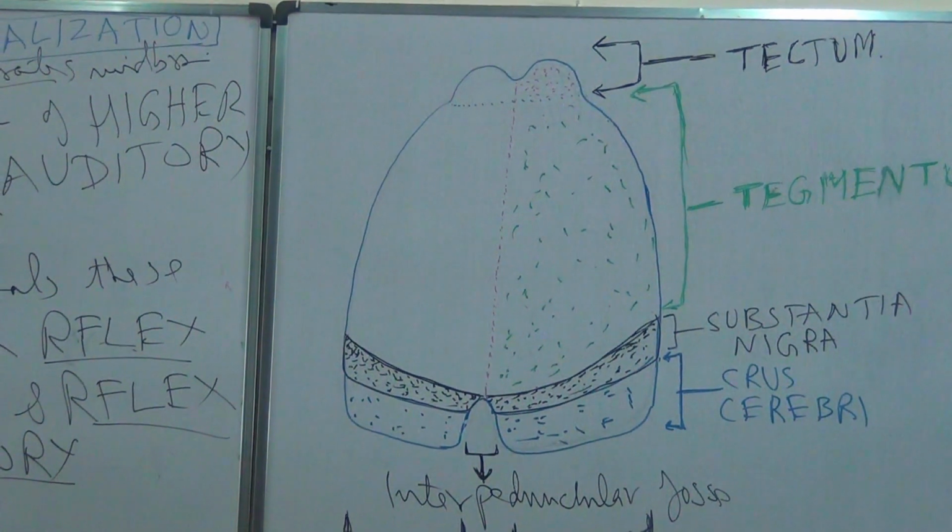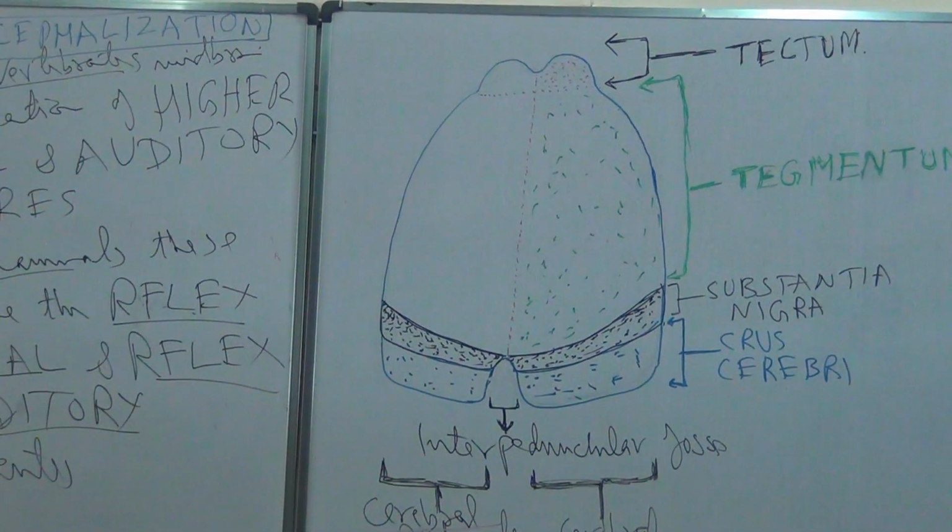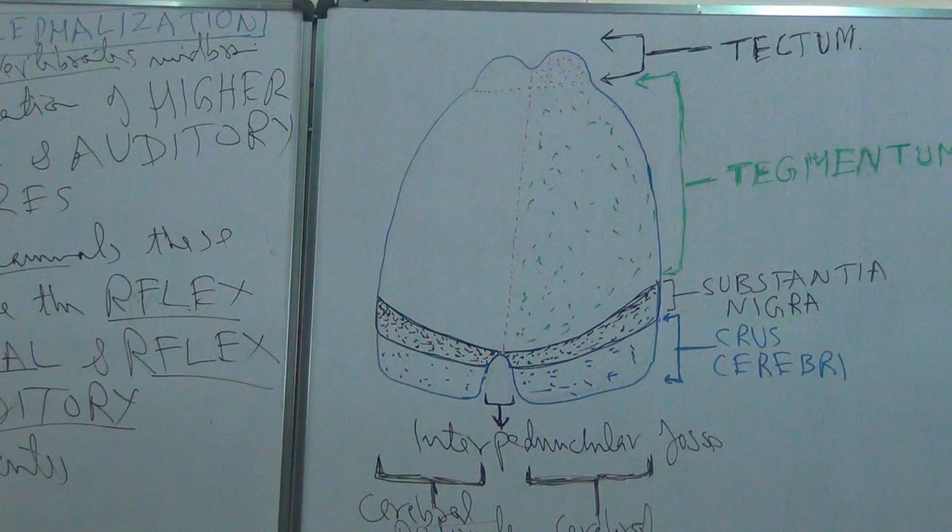So this was a summary of the structure of the cerebral peduncle in each half of the midbrain.